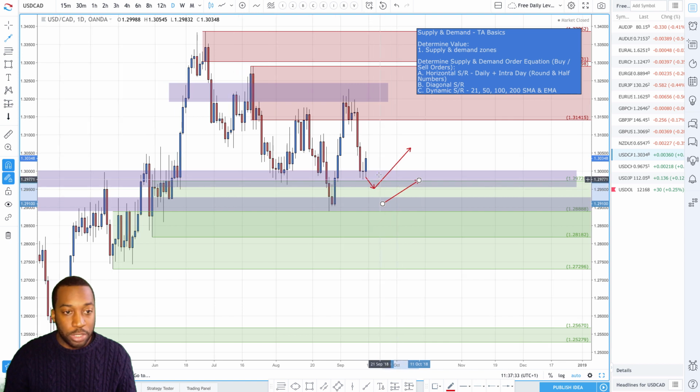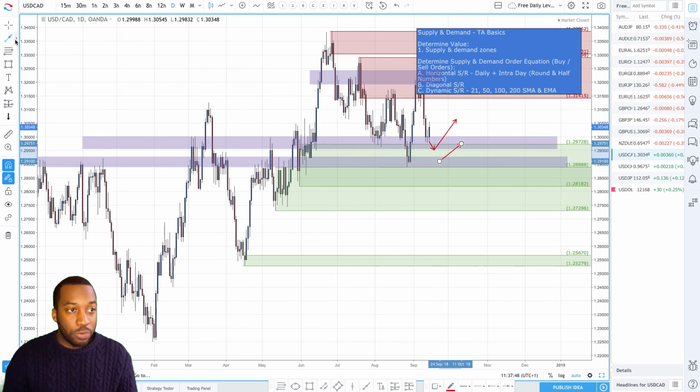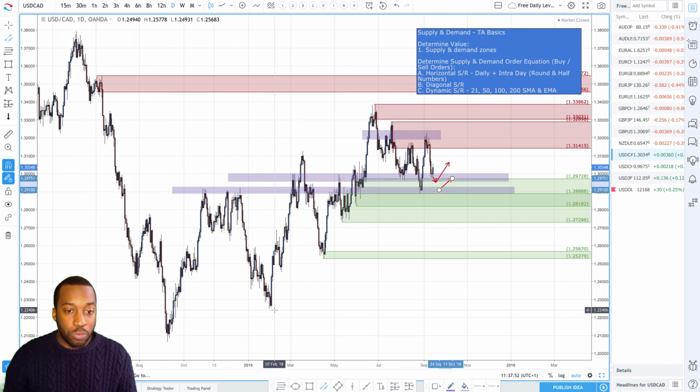So this is where I'd be looking to be a buyer if prices do touch into this demand zone. And if they don't get the right kind of price action, then we'd be looking for this area right here to be a buyer. And again, just look for confluences with support and diagonal support and resistance.